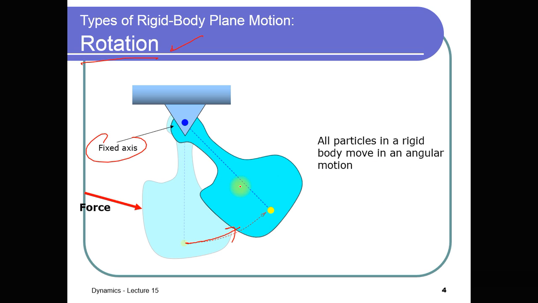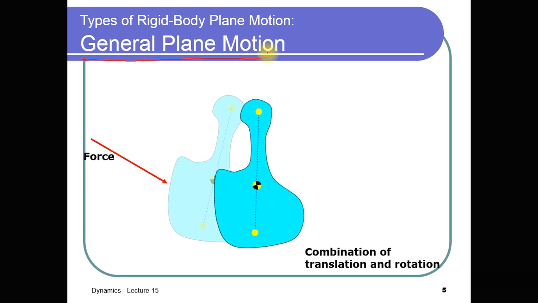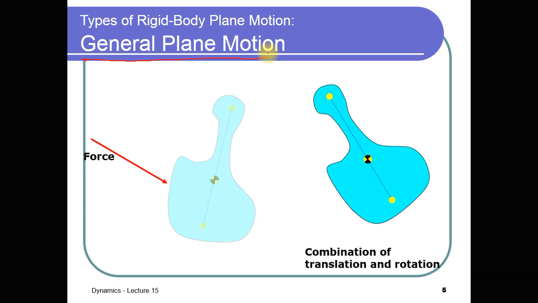We will have the curvilinear motion, and also the angular motion. This is a combination of translation and rotation, which we know as general plane motion.